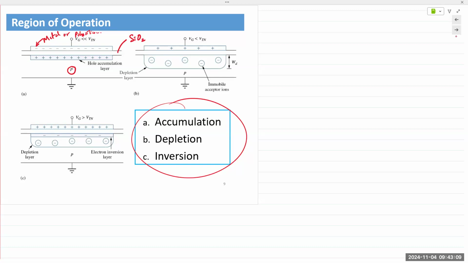When you apply a negative voltage, what happens? Negative charges attract the positively charged holes in the P-type material. The positively charged holes gravitate towards the negatively charged gate. It accumulates in a thin, shallow region right underneath the surface.